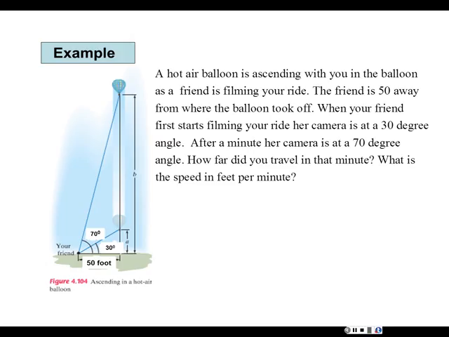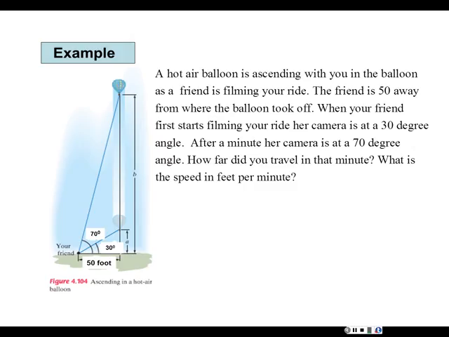Now let's see whether we can find b and a both. First of all, to find a from the small right triangle, what will be the best trigonometric function? Look at the small right triangle. You know an angle, you know the adjacent side, and you are looking for the opposite, so tangent.